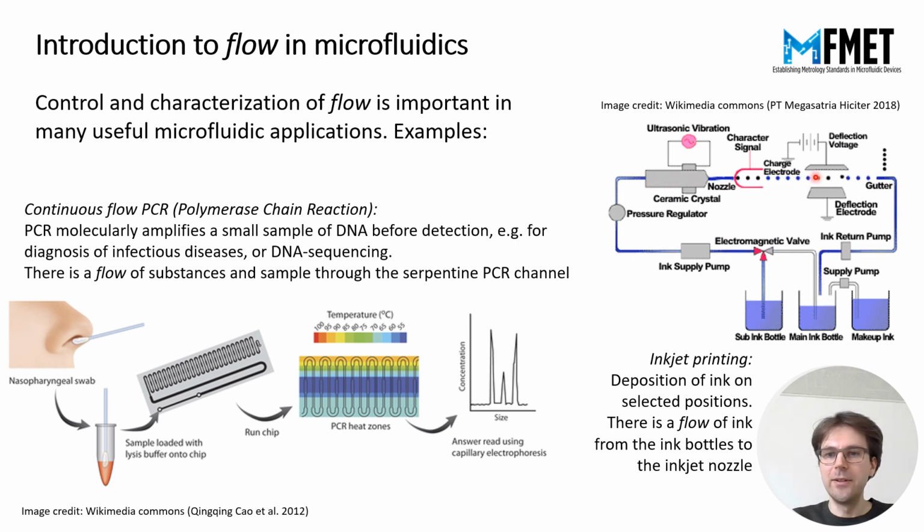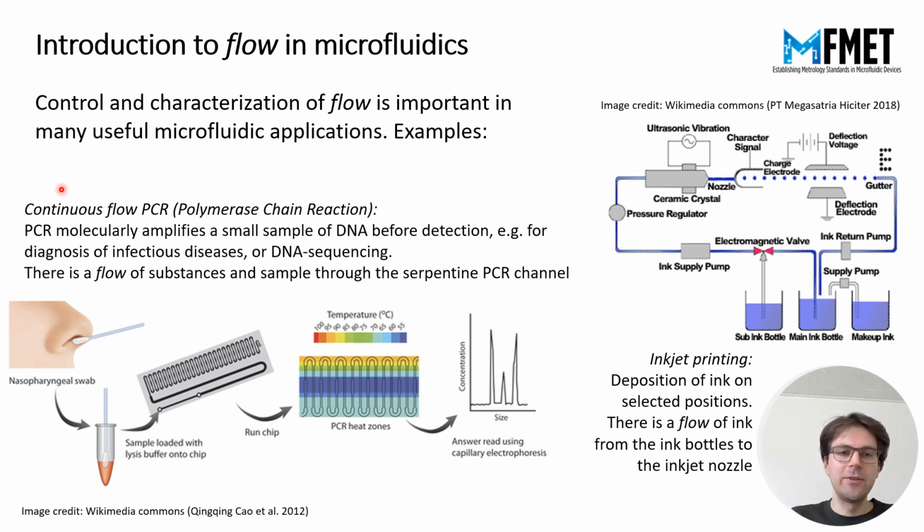There are some details with electric charge and electrostatic deflection plates, so you can actually steer these droplets of ink. And if you steer and target the correct locations, then you can make patterns. So for example, in this cartoon, the letter E is printed. So this is an example of a very useful printing technology, and in the example there is microfluidic flow.